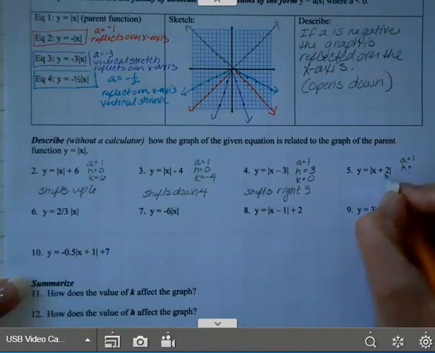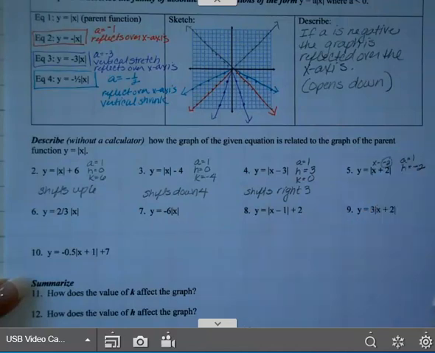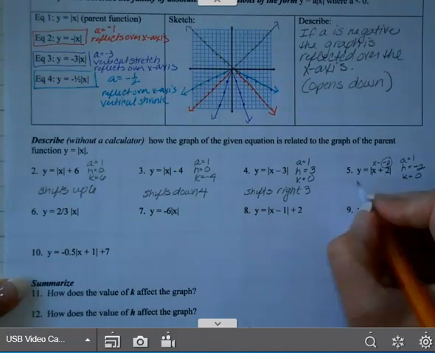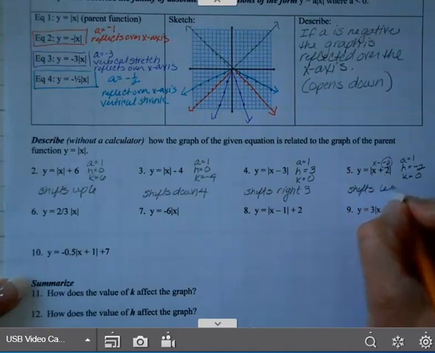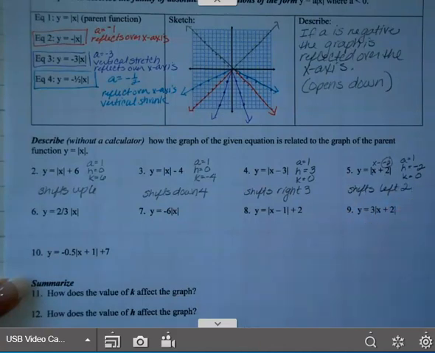H, remember you have to do an opposite for H, so it's -2. It's X minus H, so I'd have to write X minus -2. So that would be my H value. And K is 0. So this one is going to shift left 2.